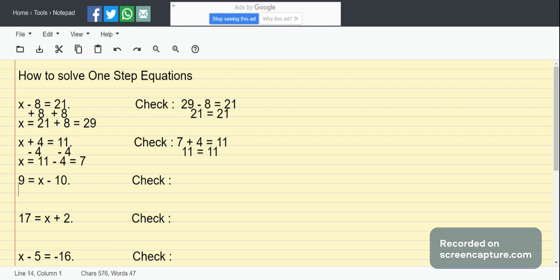The next is 9 equals x minus 10. To get rid of the minus 10, you have to add 10 to both sides. So that makes it 19 equals x, because 9 plus 10 equals 19.